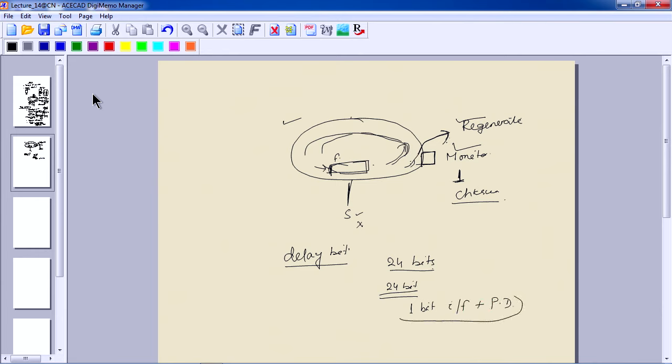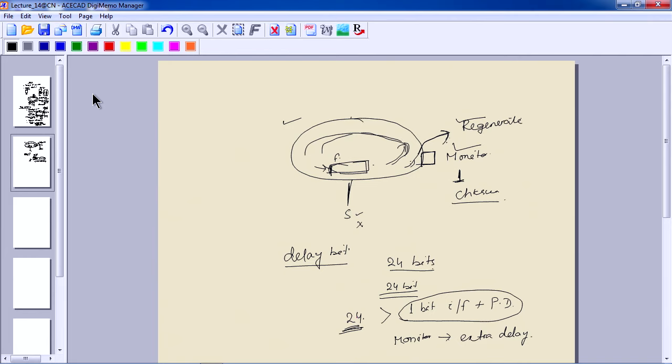Let us say if the addition of all the delay that is being generated by the ring is still less than the required delay, that is the 24 bit delay. In that case, it is the responsibility of the monitor to introduce the extra delay to hold the token inside the ring.